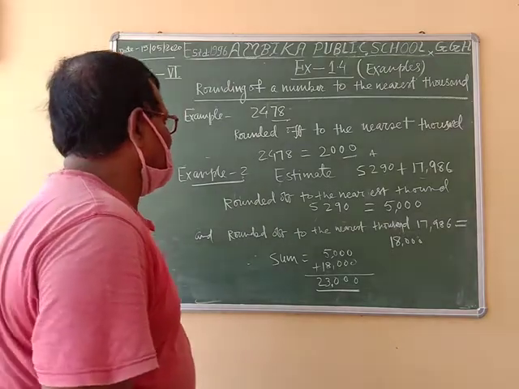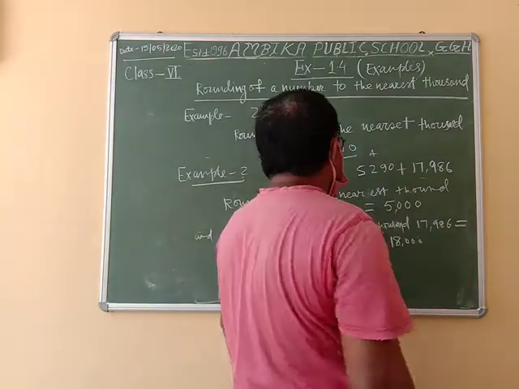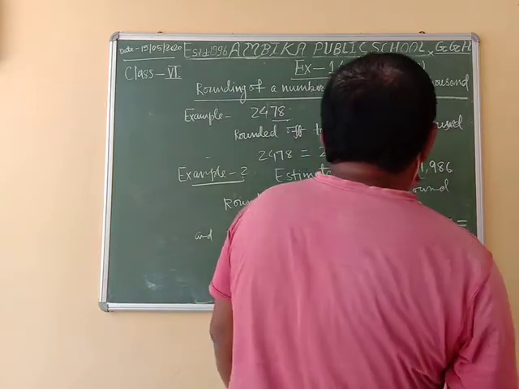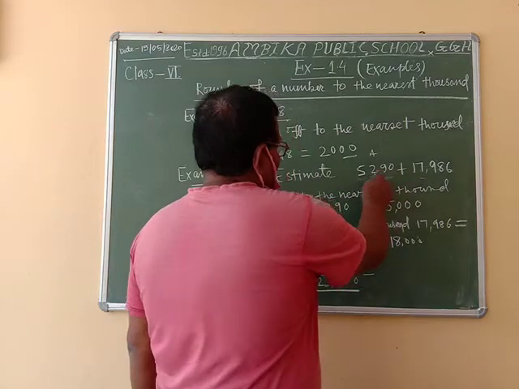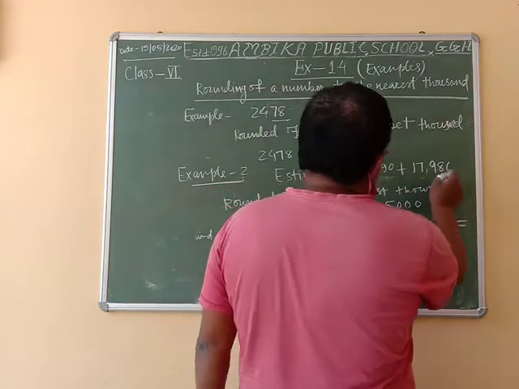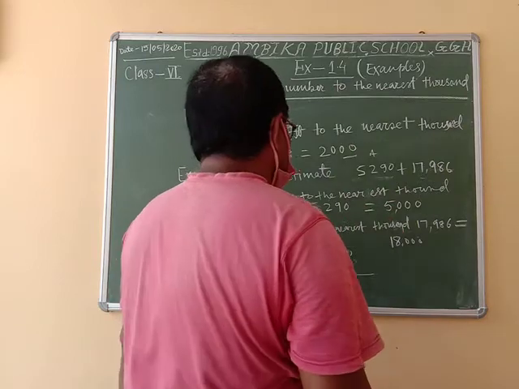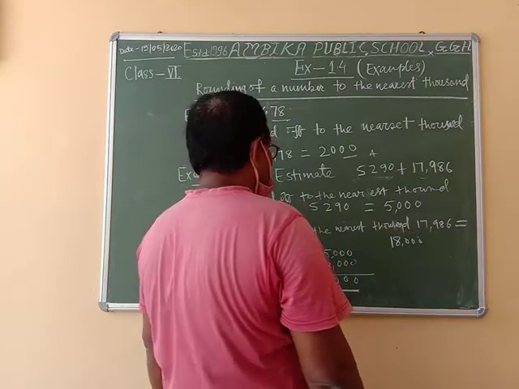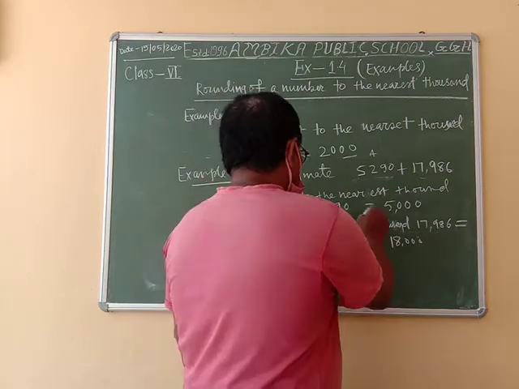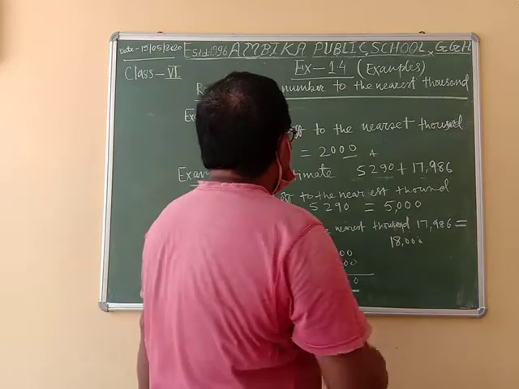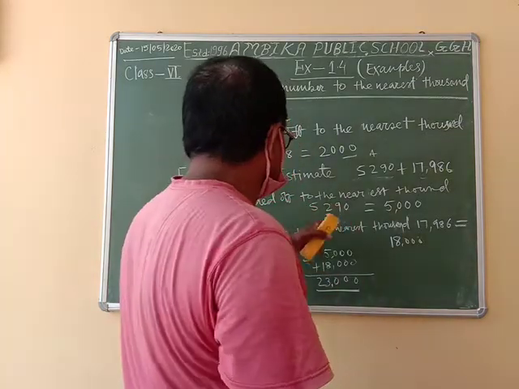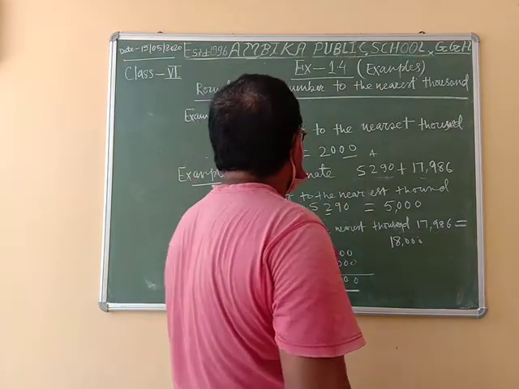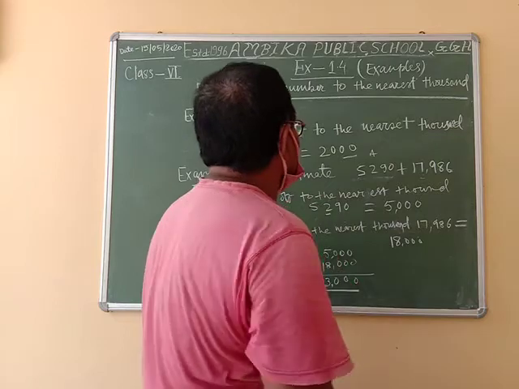If you have to estimate 5,290 and 17,986, in the first number there are 4 digits, and in the second number there are 5 digits. So rounded off to the nearest thousand, 5290 is equal to 5000, because the digit at the hundreds place is less than 5. So we replace the hundreds, tens and ones digits by 0.